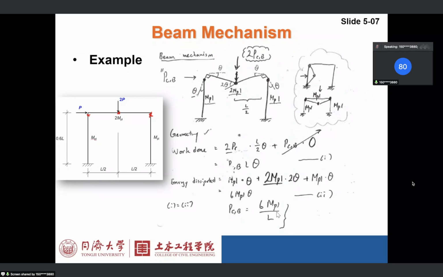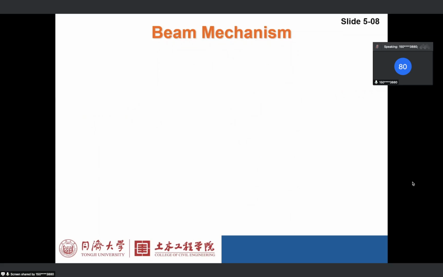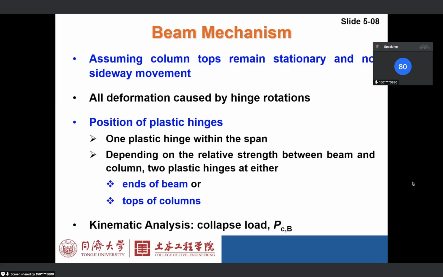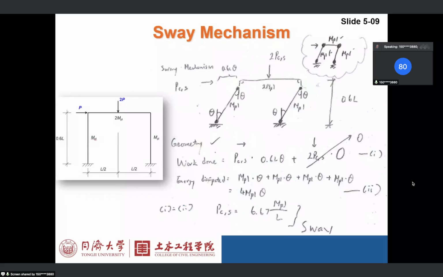Now let's move on to the second possible case, the sway mechanism. Sway mechanism is like this. It looks like the frame is about to lose stability, right?